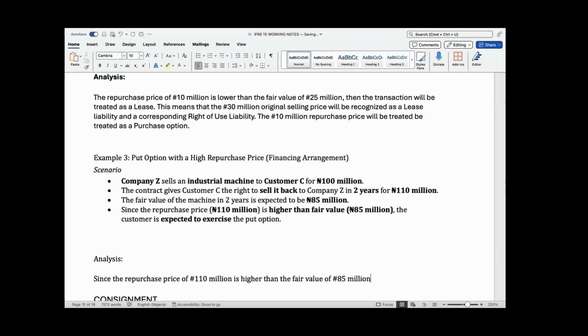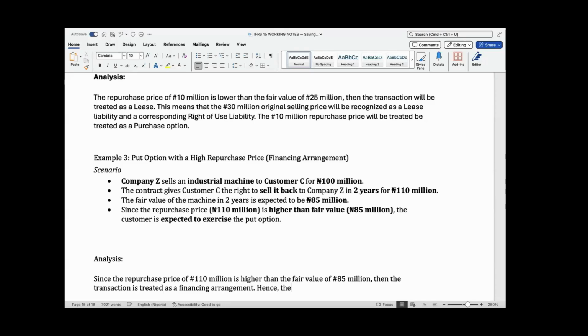So when they give me fair value, I work with fair value for put options. If the purchase price is higher than the fair value of 85 million, then the transaction is treated as a what? Financing arrangement.